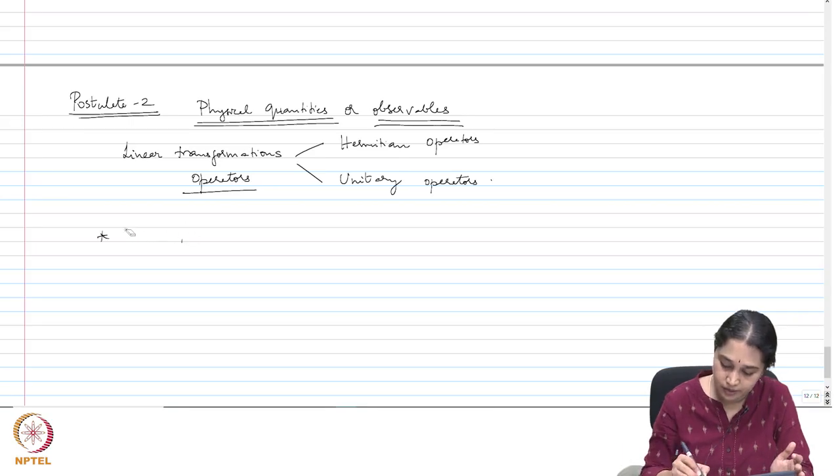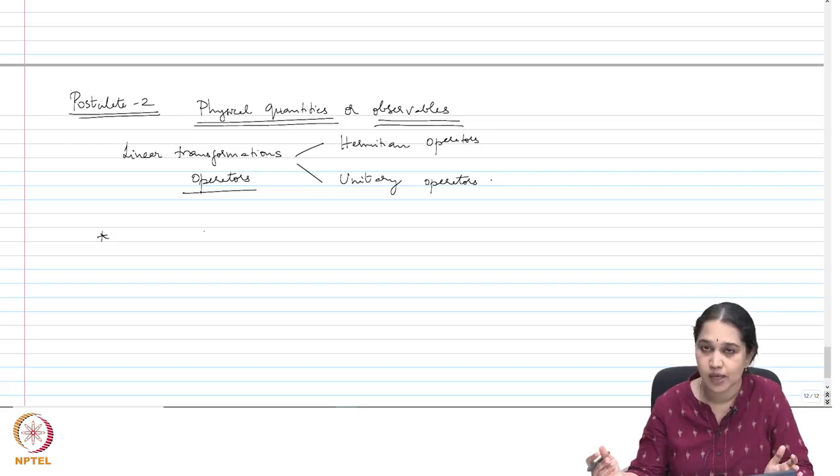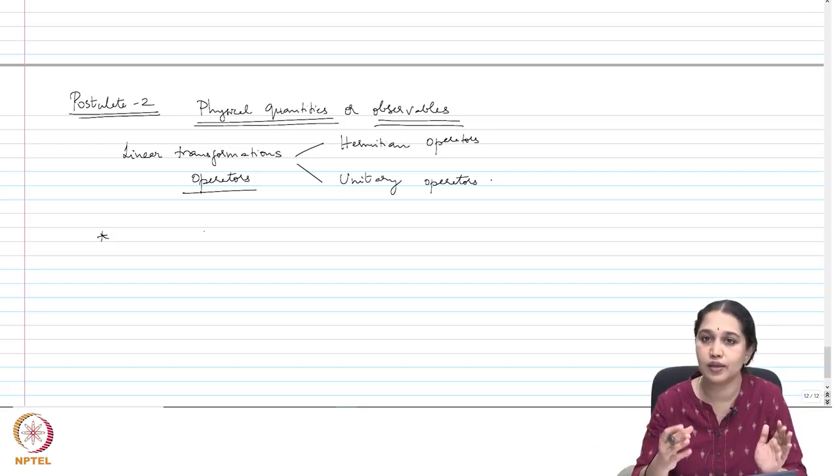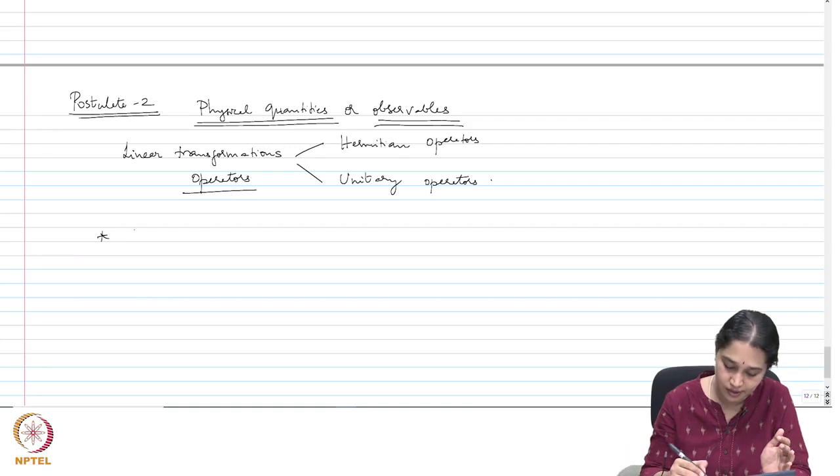So we will restrict our attention to two-level systems or finite dimensional systems, so we can basically associate these operators with matrices, right? So if I am thinking of a qubit system, then I want to understand what is a 2 by 2 Hermitian matrix. If I am talking about a D-level quantum system or a D-dimensional space, then I would like to know what is a D cross D Hermitian matrix, right?